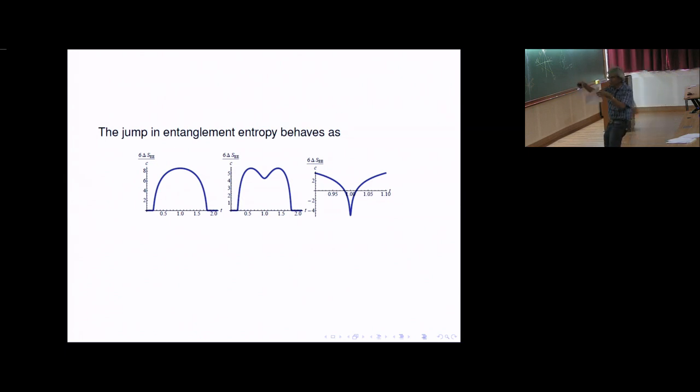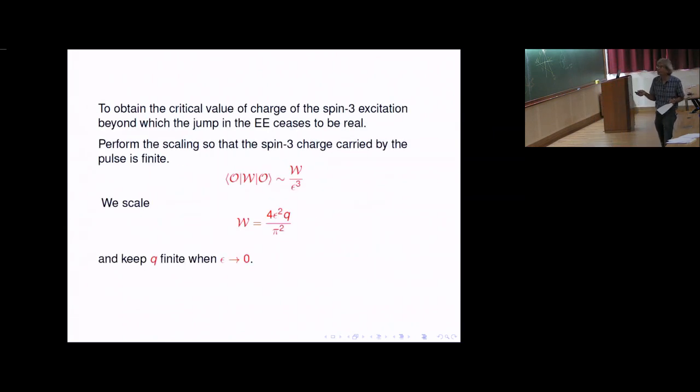Now, that is from seeing the pictures of the answer, but to get a compact expression, we can again do the scaling limit. We demand the total spin 3 charge of that excitation is finite. So this is a particular scaling, and this is just dimension. We scale the spin 3 charge this way and keep Q finite.